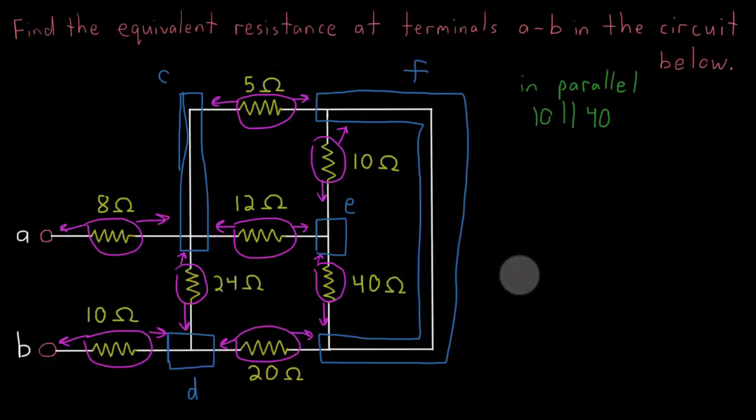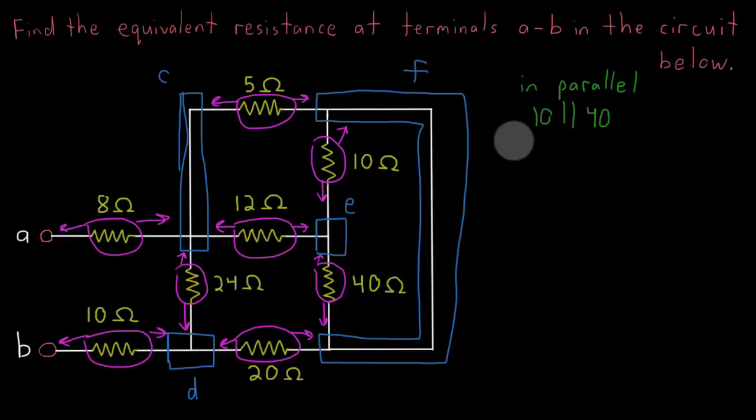Alright, so when we combine these 2 resistors to form one resistor, we can draw this new resistor anywhere, as long as it connects node E to node F for parallel resistors. First let's erase these 2 resistors. Actually no, before that, we first need to calculate the combined resistance.